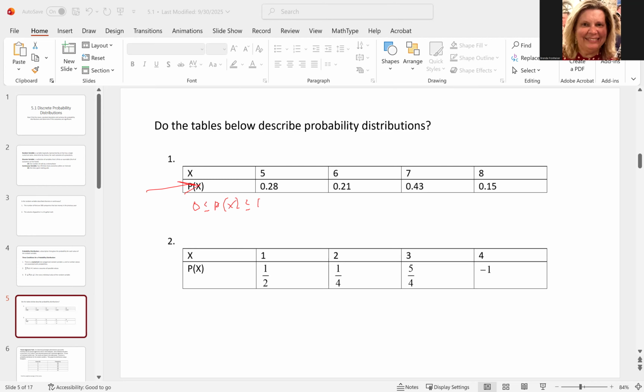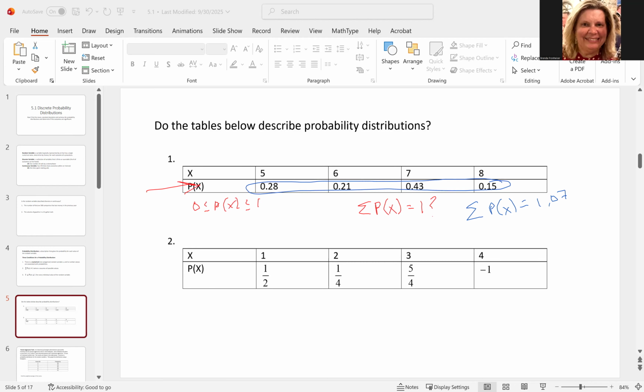Then the next thing would simply be to check, is the sum of the probabilities equal to 1? All I'm basically going to do at this point is add up all of these probabilities. We're just going to pull out our calculator and add up those values. It comes out to 1.07.